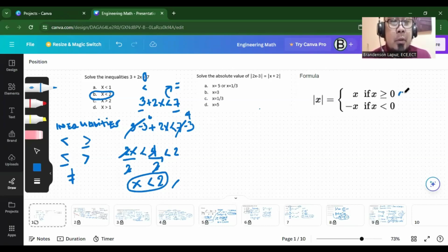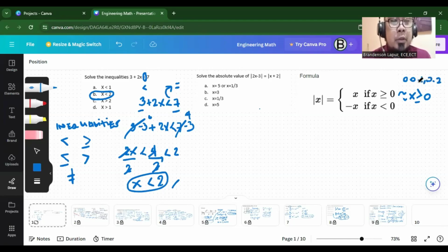So if your x is greater than or equal to 0, the boundary would be 0, then 0.1, then 0.2, and so forth.